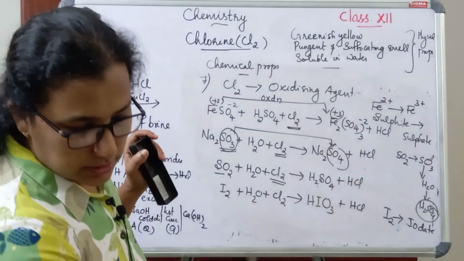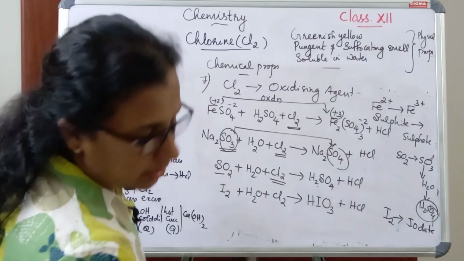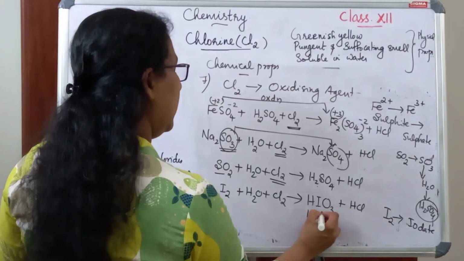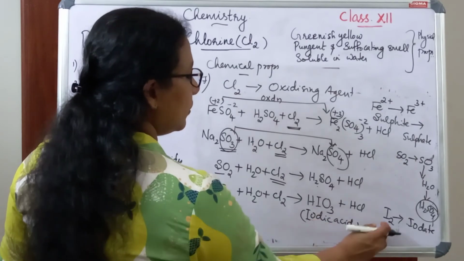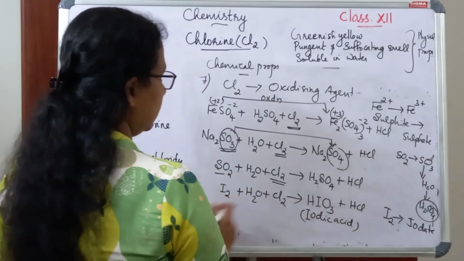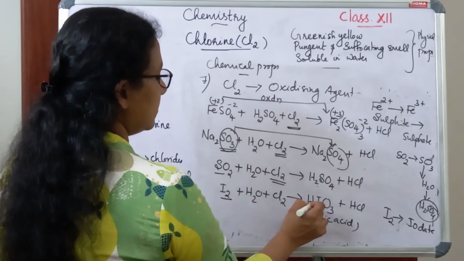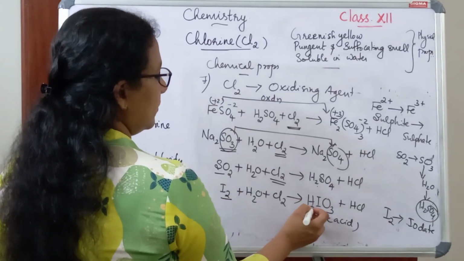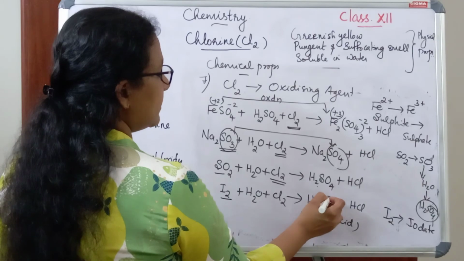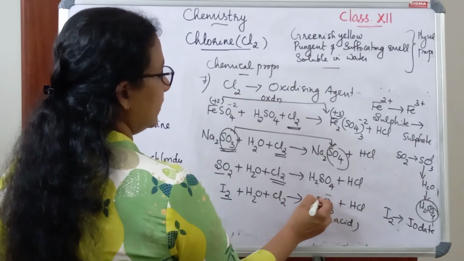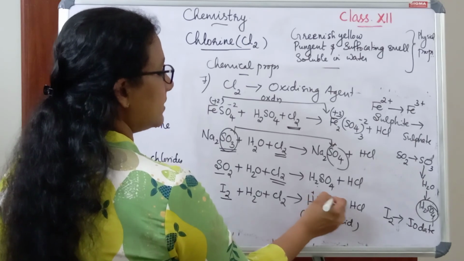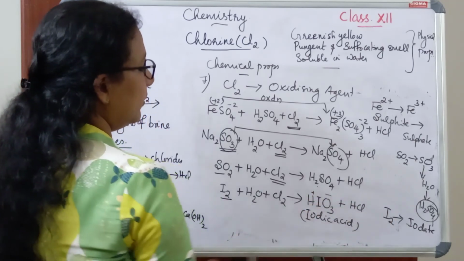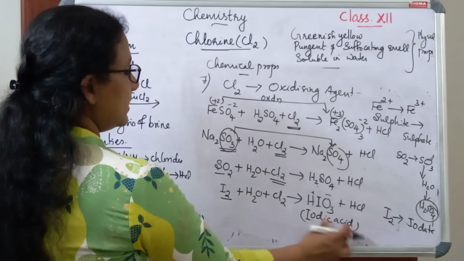So that is iodic acid. This is called iodic acid. So in short, I2 changes to iodate. That is the reaction. So HIO3, that is H plus and IO3 minus, and IO3 minus is iodate. So this is iodic acid. So these are the products.